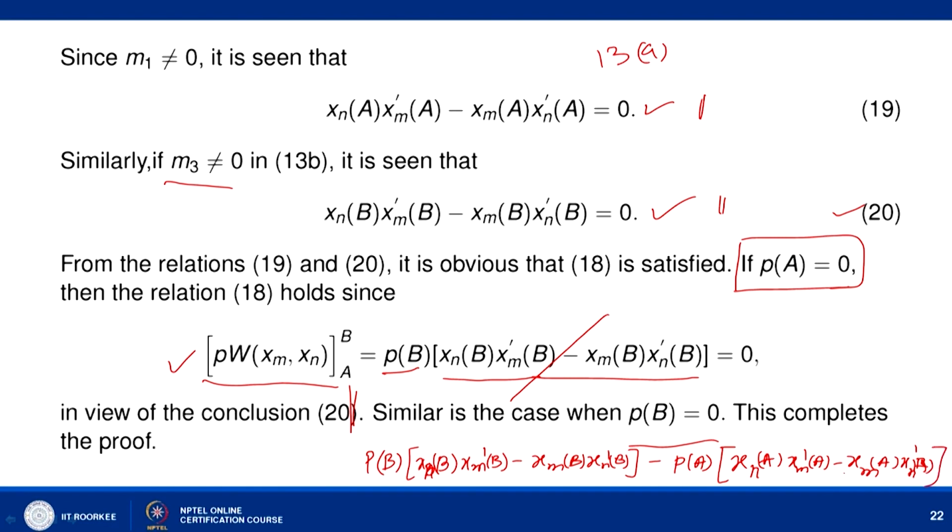So, we have from 19 this is 0, from 20 this is 0. So, it means that this quantity is going to be true.